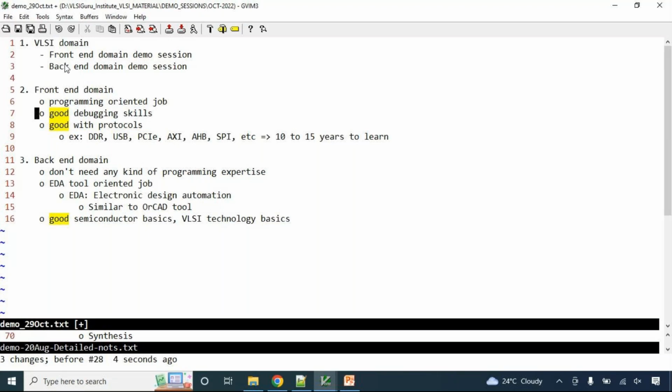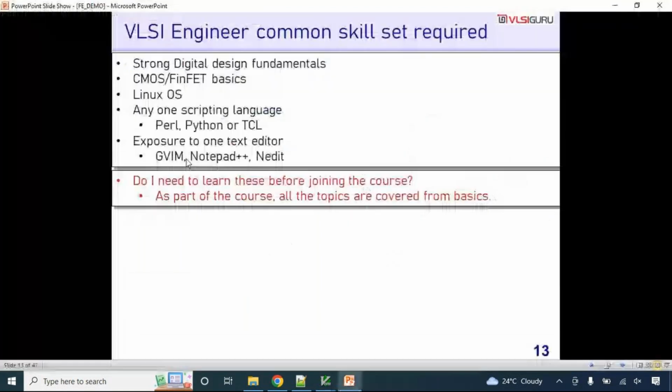There are many shortcuts which make the whole coding a lot easier, so you need to learn one text editor. So the common skill set you should learn: strong digital design fundamentals, CMOS and FinFET basics, Linux operating system, one scripting language, one text editor.